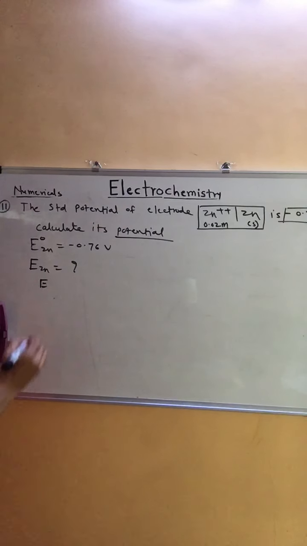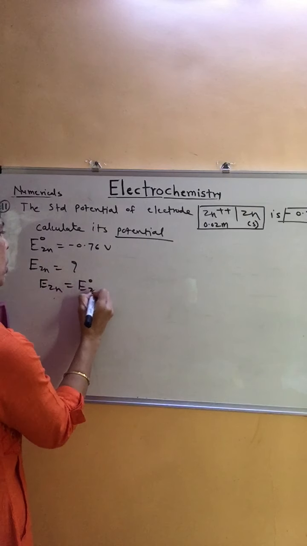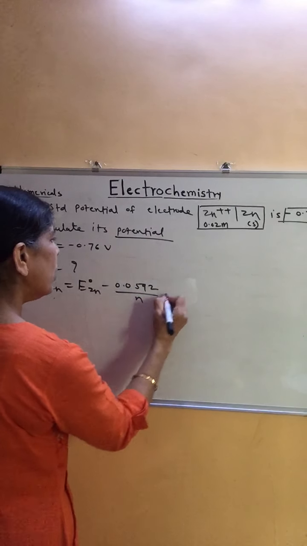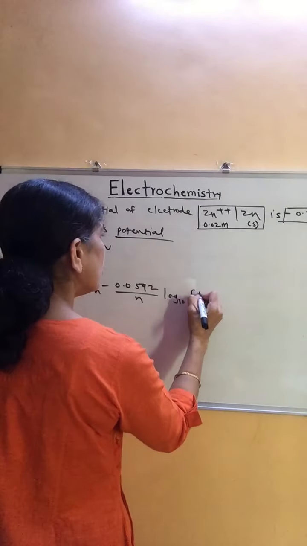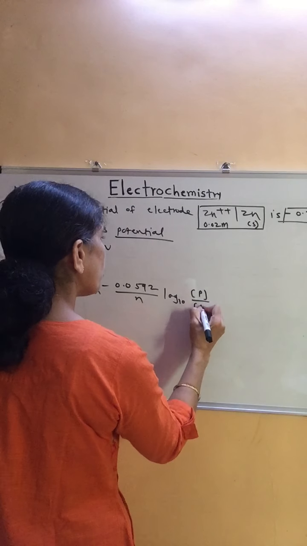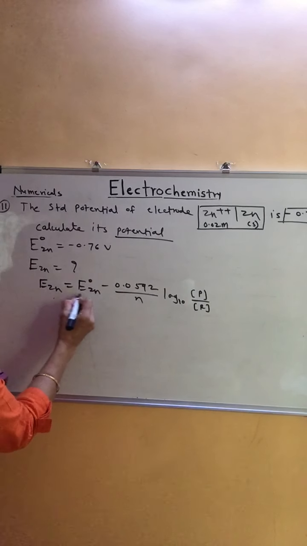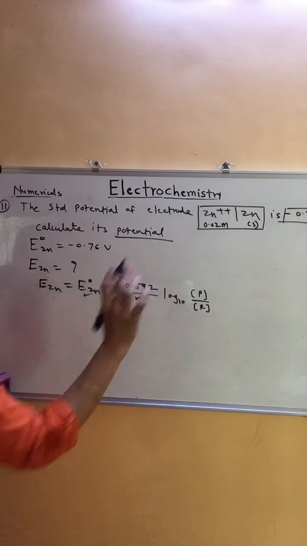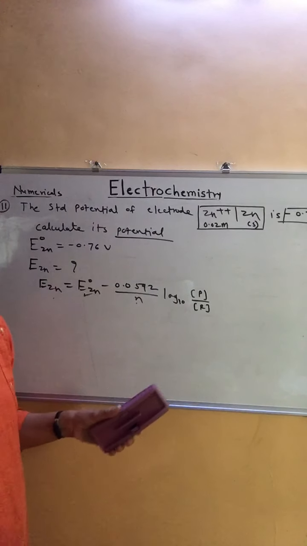E electrode, here the zinc electrode, is equal to E naught Zn minus 0.0592 upon n, and again you write the log of concentration of products upon concentration of reactants. From this equation, E naught Zn is given. You can get n by writing the reaction.